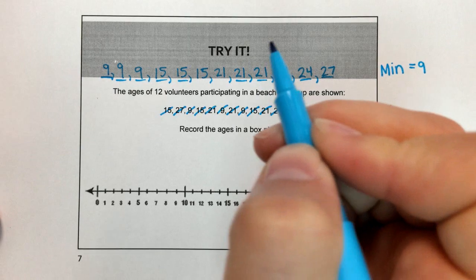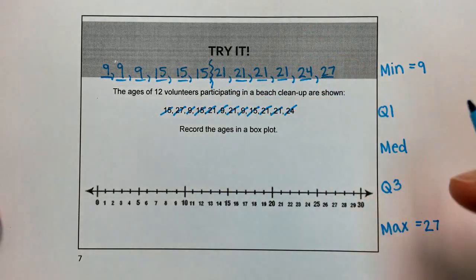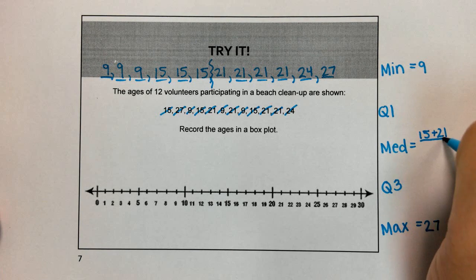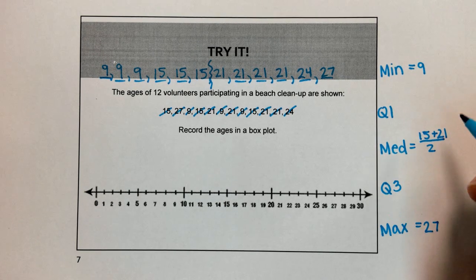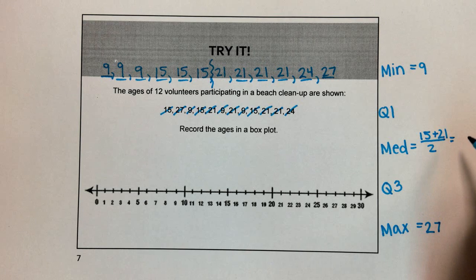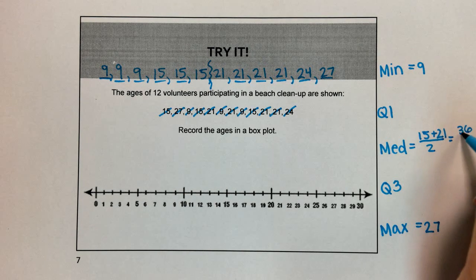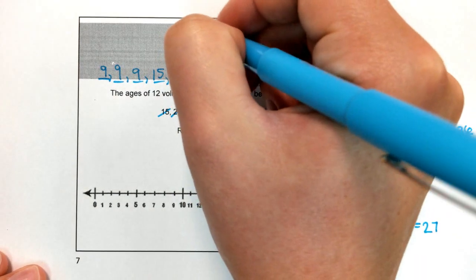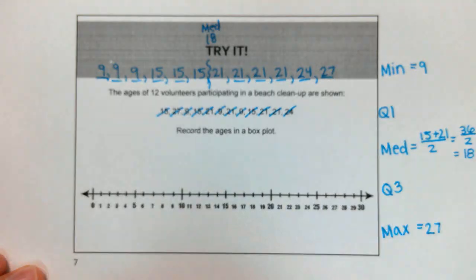Okay, so I have to go ahead and add them together. So 15 plus 21 and divide by 2. So 15 plus 21 gives us 36. 36 divided by 2 will give us 18. So that means our median is 18.